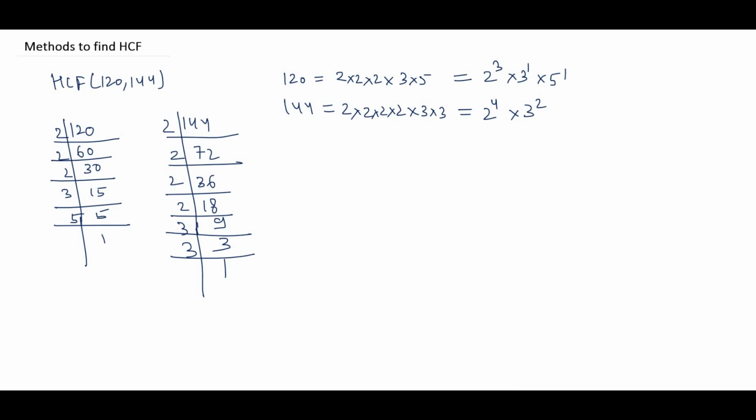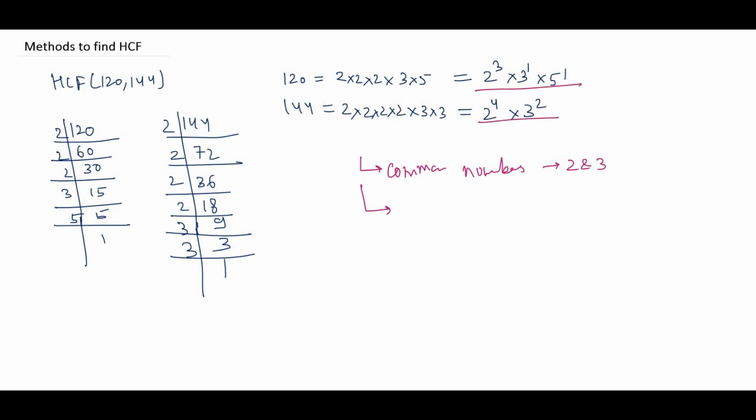Now to find the highest common factor, first find the common numbers. In this particular case, the common numbers are 2 and 3. The next step is to take out the lowest powers from these.